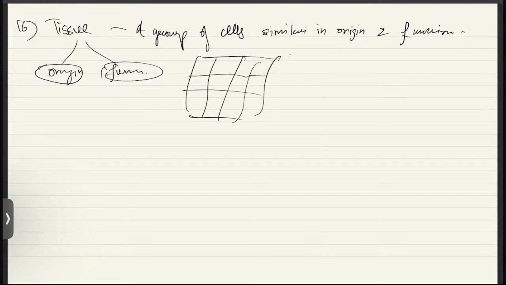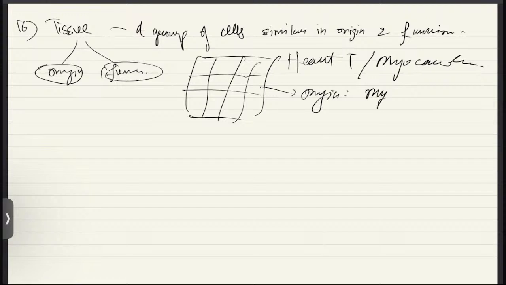Example is your heart tissue or myocardium. Now, myocardium, all the cells are originated from mesoderm, and their function is contraction, relaxation, which achieves what?